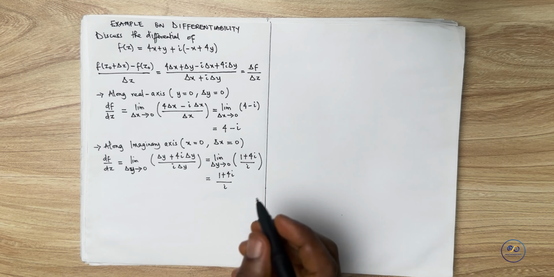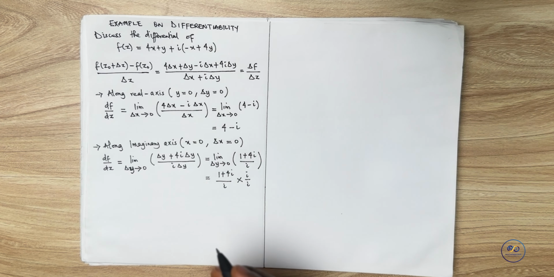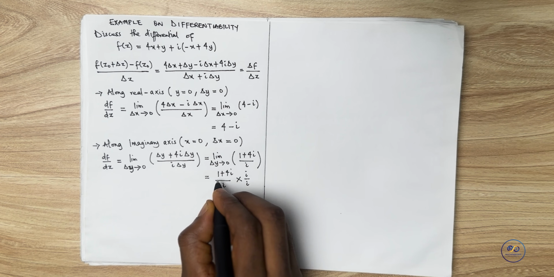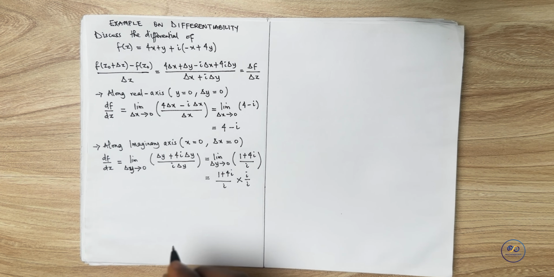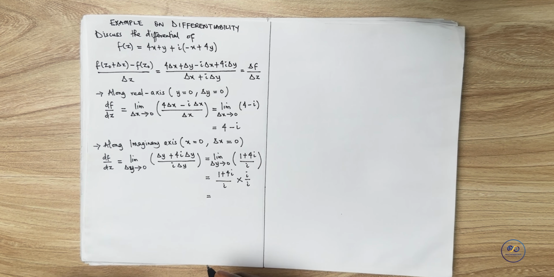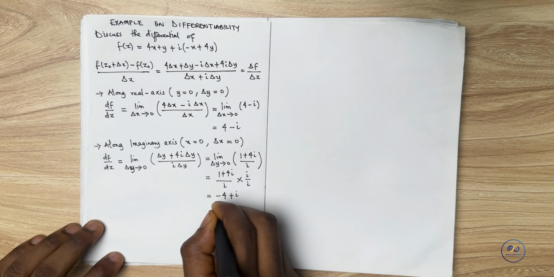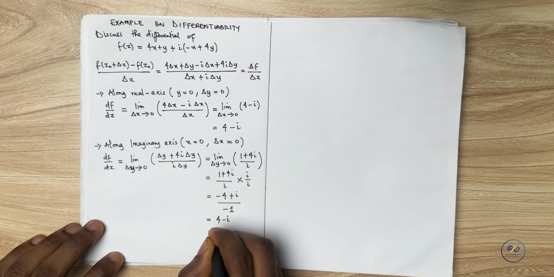If we do so, that will mean multiplying by i over i, such that simplifying this, i times i gives us i squared, which is of course minus 1, remember. And then in the numerator, we would have minus 4 plus i. So if you have (-4 + i) divided by -1, in essence you're going to be left with 4 minus i.